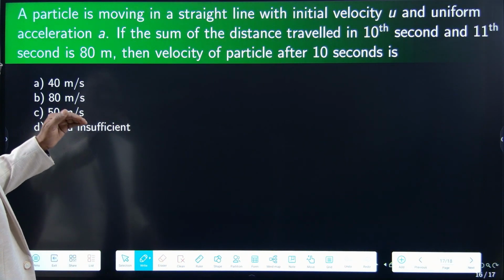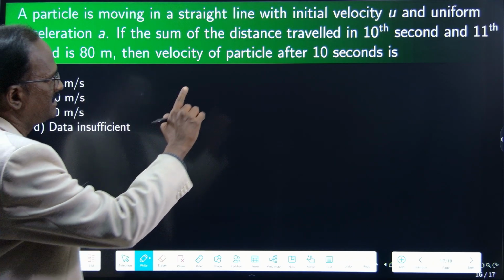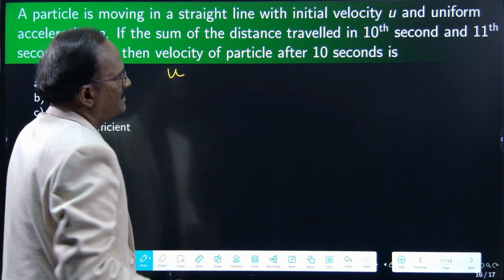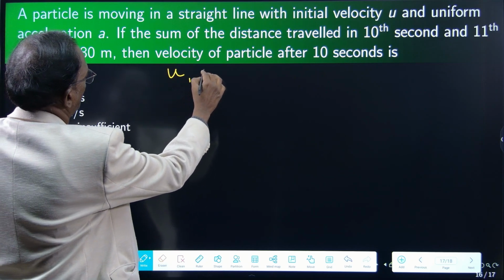Next problem: a particle is moving in a straight line with initial velocity u and uniform acceleration a.